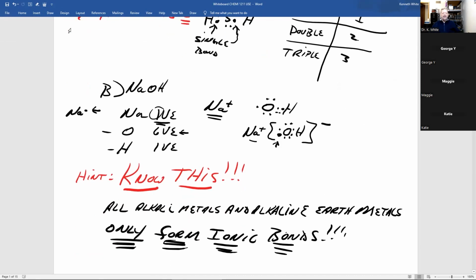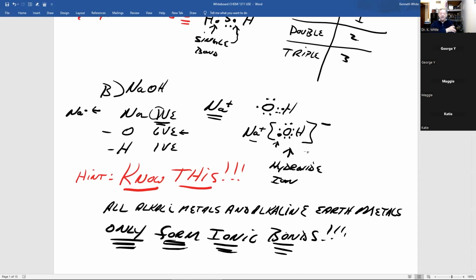So let's look at sodium hydroxide. You have the hydroxide polyatomic ion, which has a negative charge. But between the oxygen and the hydrogen, there's a covalent bond. But between the sodium plus and the hydroxide, the whole ion, there's an ionic bond.